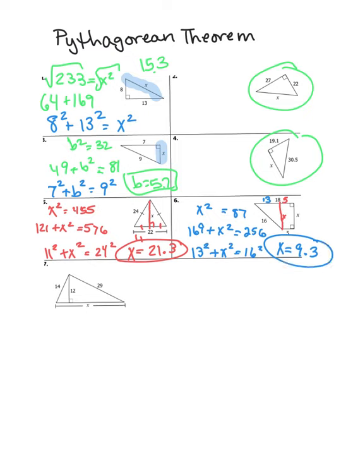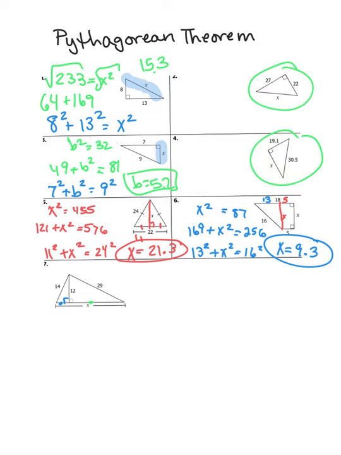All right, number 7 is a little bit different. In this one I have at least 2 right triangles. So I'm going to have to find this side and this side and then add them together. My blue side I'm going to call B for blue, not A, because A is part of my Pythagorean theorem.